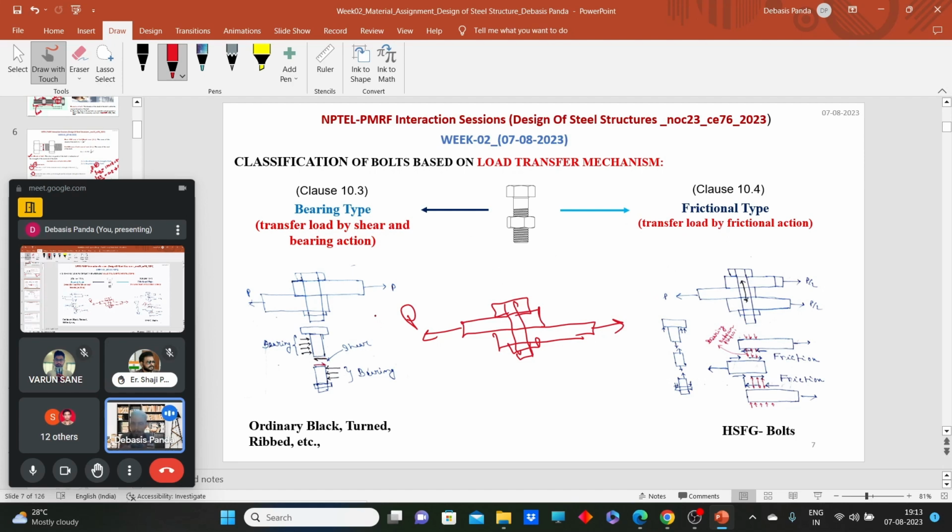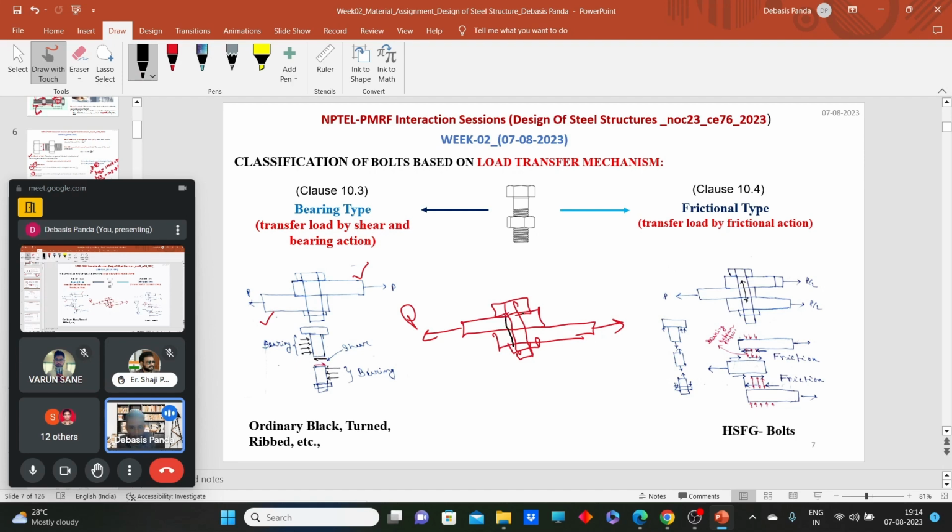So for example, we have two plates, one plate here, one plate here. I need to make the joint using bolts. What I need to do first is make a hole, right?